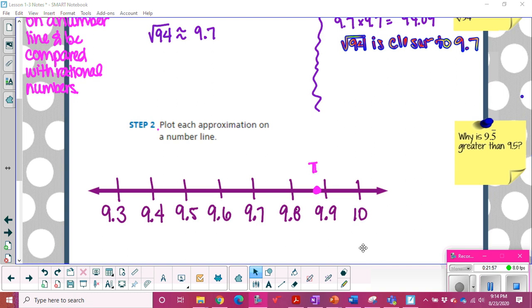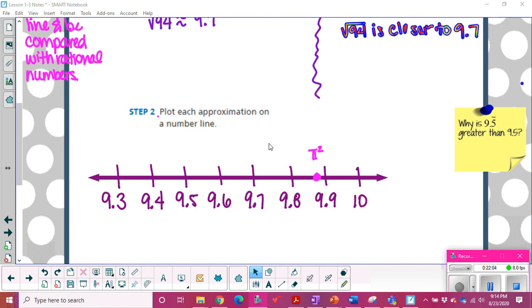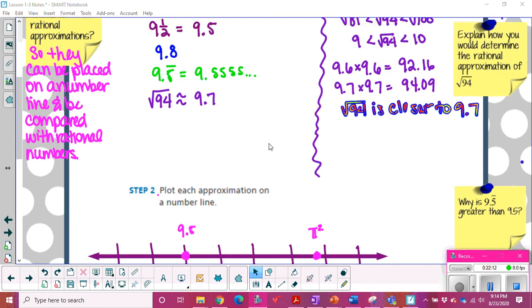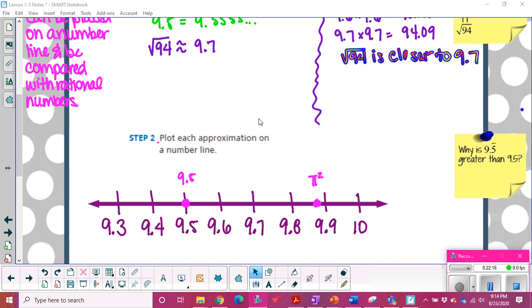That's pi squared. The next one I'm going to do is 9.5. That's pretty easy. Just come right here and put one on 9.5. Our next one is 9.8, so I'll write that one right here on 9.8.